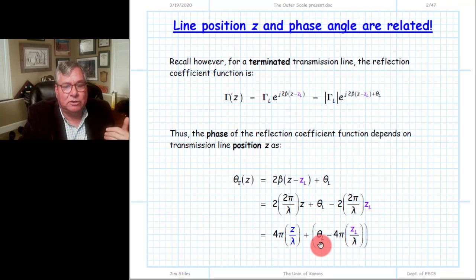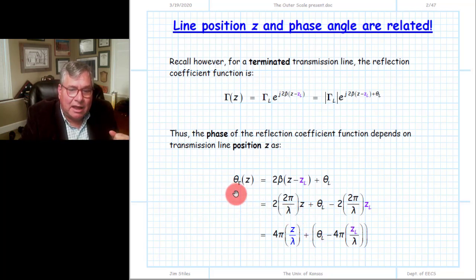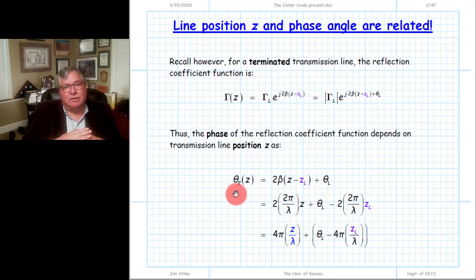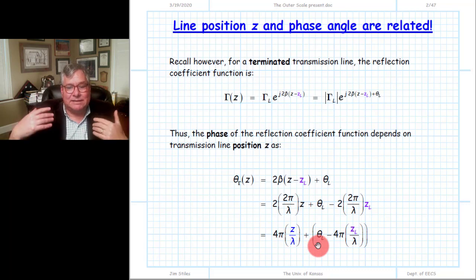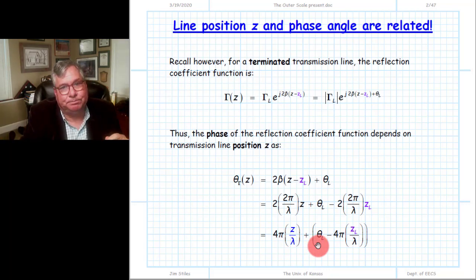And so from this, we can conclude that the angle of the reflection coefficient at a particular point in the line, index z, depends on the value of that index z and depends on the thing attached to the end of the line, the load at the other end, gamma L. So from that, it tells us that we cannot determine the value of phase for gamma from simply the location of where we are on the line. We would likewise have to know what is attached to the other end of it.